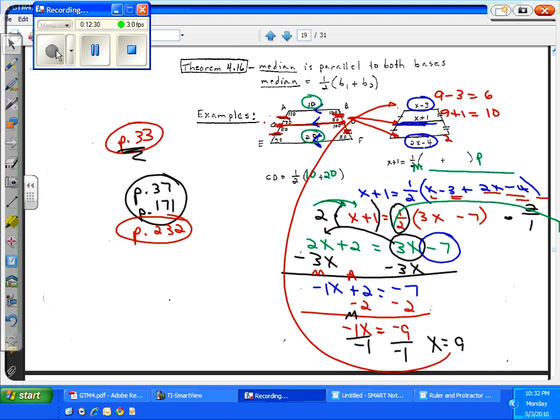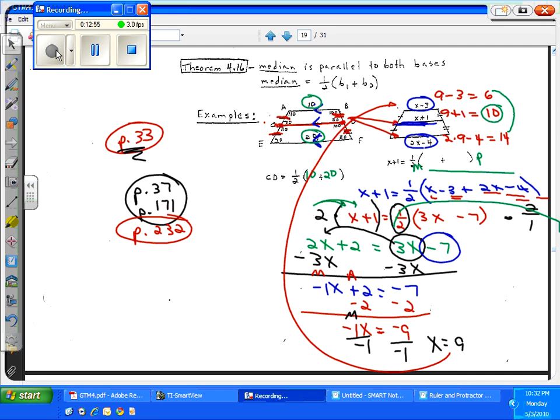The lower base would be 2 times x minus 4, which is 18 minus 4, which is 14. If you want to check that out, you can see that if you took 6 plus 14, you would get 20, half of which is 10, and so it checks out.